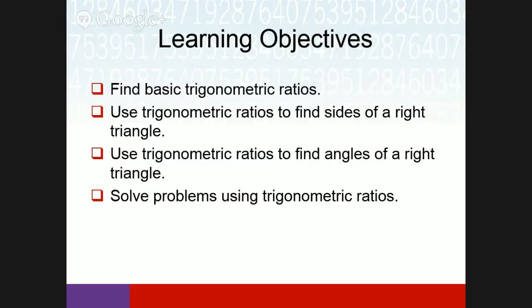So we're going to talk about finding basic trigonometric ratios, use those ratios to find a side of a right triangle, and use the ratios to find angles of a right triangle. On top of that, given the sides, we're going to be able to talk about what the angle is. And then solve problems using the trigonometric ratios.